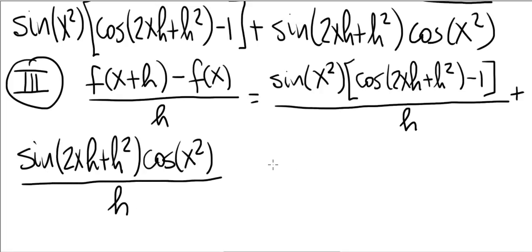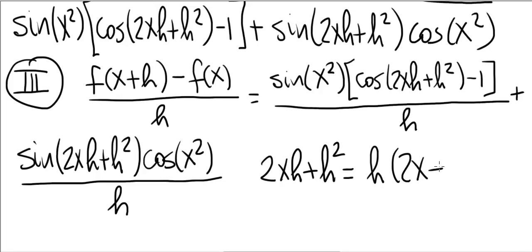Now note that 2xh plus h squared equals h times 2x plus h.